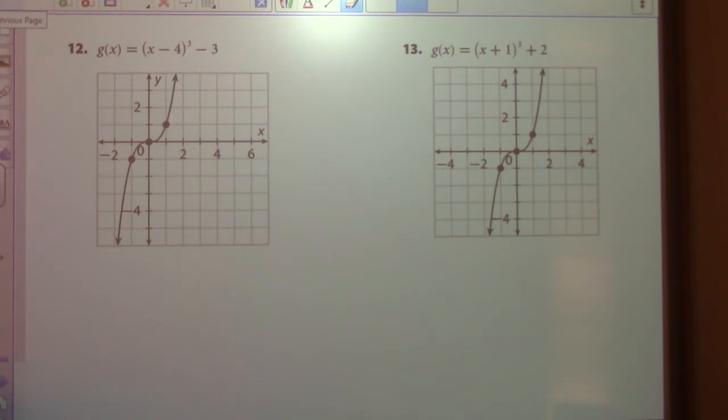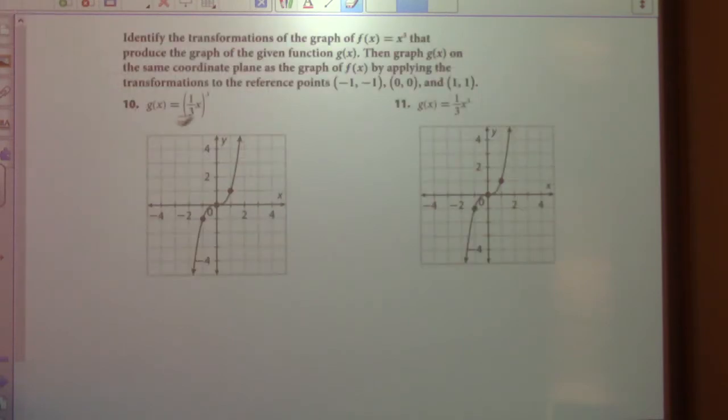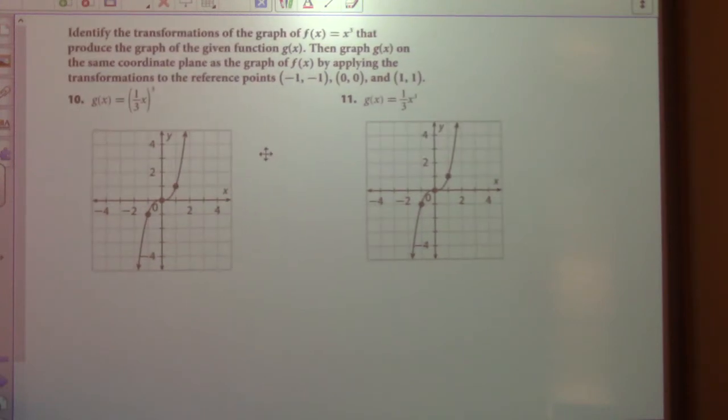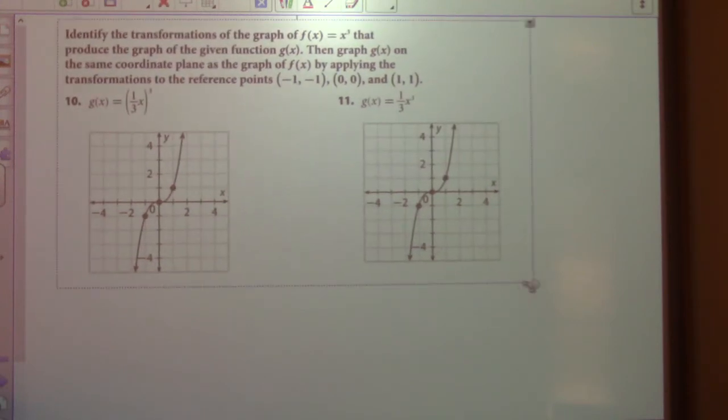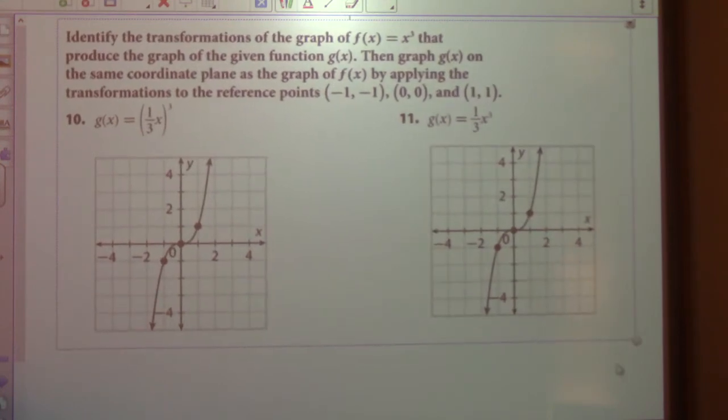Okay, what I want to do is show you how this is going to work on these, and then I'll take turns with the audience for these others. But I'm going to look at 10 first.